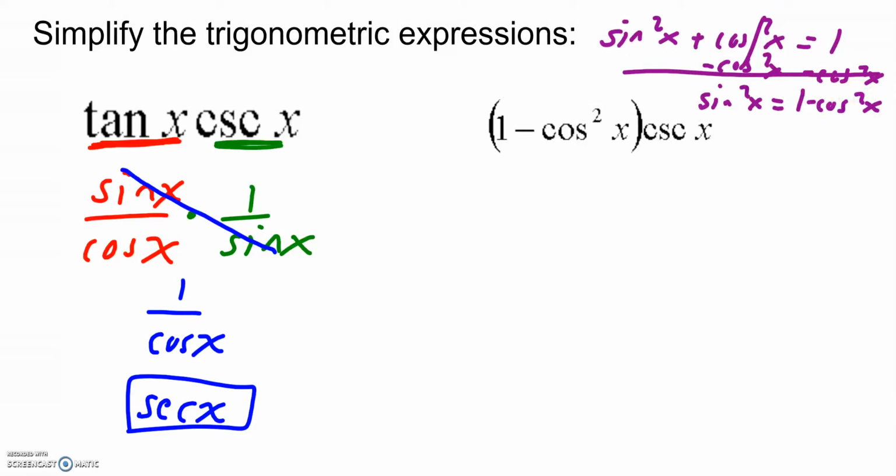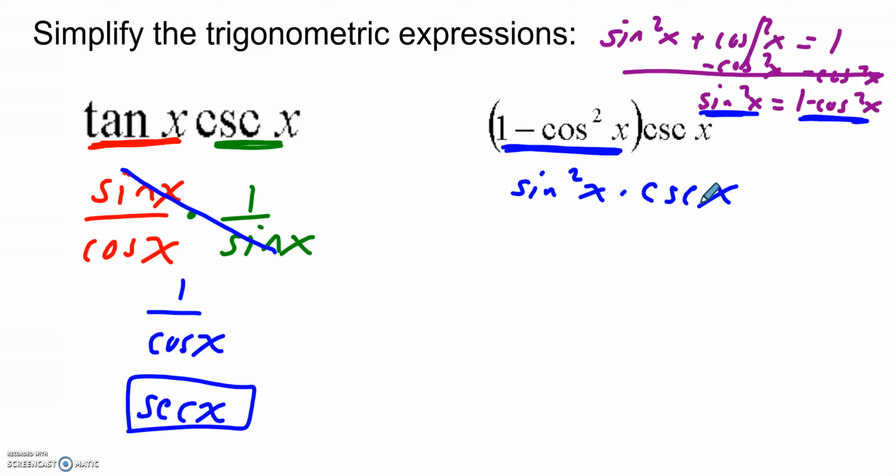And now I can do some substitution. I now know that sine squared of x is equal to 1 minus cosine squared of x. So I can replace this with just sine squared of x now. And that is still being multiplied by cosecant of x. And so that is where a Pythagorean identity comes to help make it more simple first.